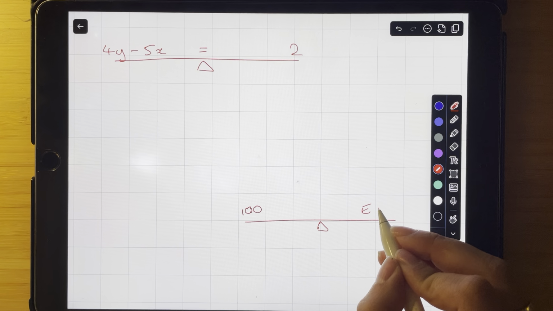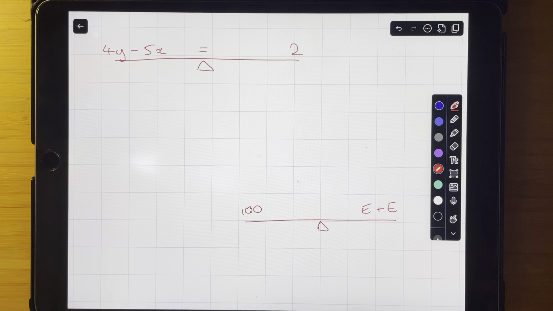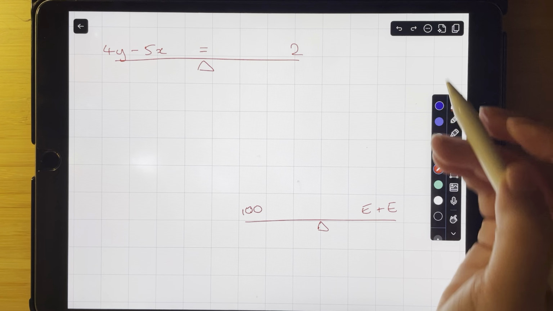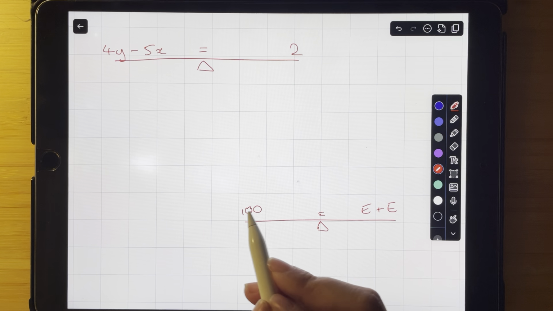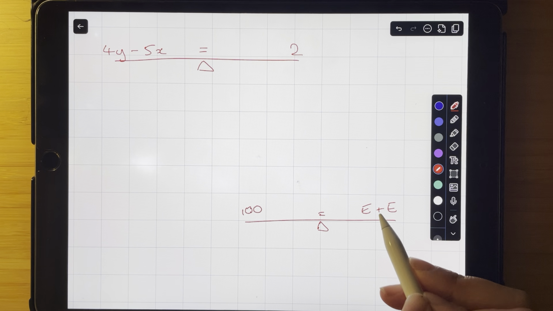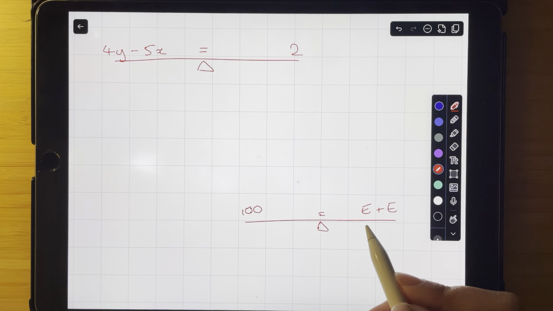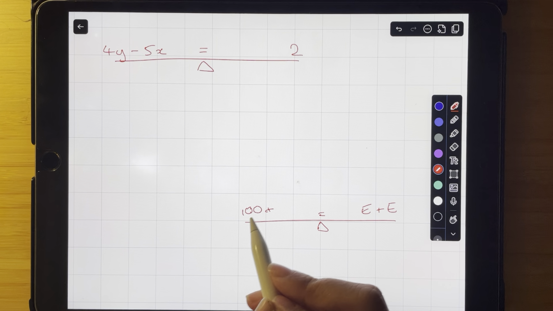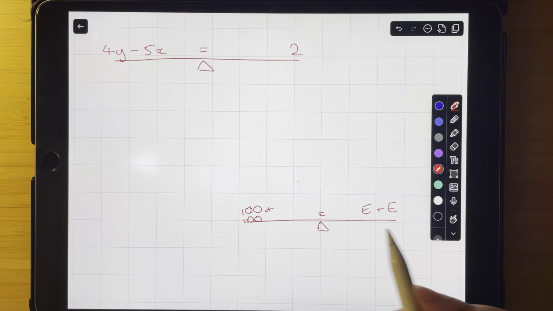If I add another elephant, this will then tip down. It's not balanced anymore. So if there's an equal sign here, if I've added another elephant, I need to add another 100 to make that balance again.